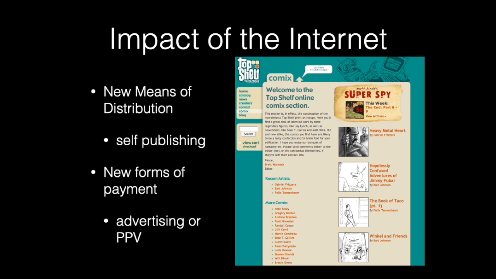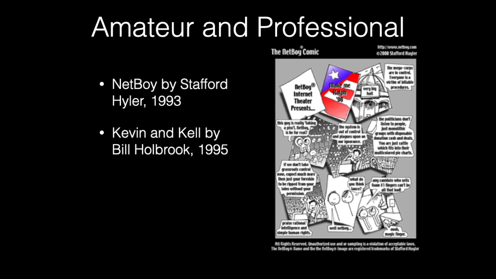Advertising, pay-per-view, all of these things were being worked out in the early 2000s. Both amateurs and professionals began to move to the internet. We have 1993, Netboy, which was considered one of the very earliest examples. Kevin and Kell by Bill Holbrook, 1995.